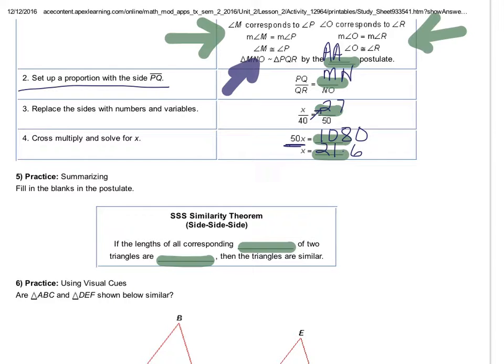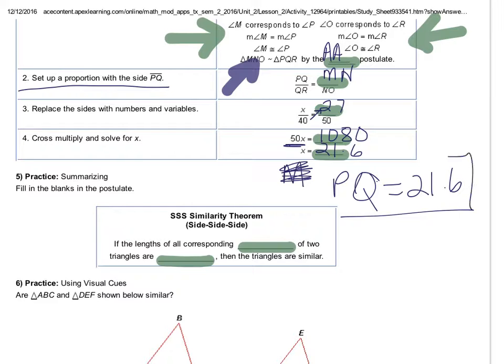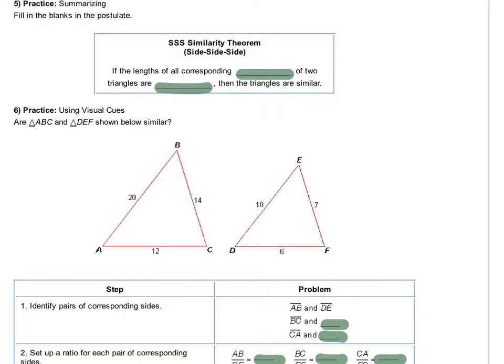That means if you go back and you're looking for PQ, yeah, it said find PQ. PQ equals 21.6. So where you see an X, you can go back and put that on your practice problem number 4.